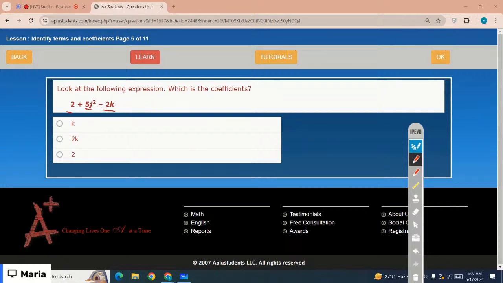And together they make the mathematical expression. You have to find the coefficient. Coefficient is the number with the variable. For example, 2 is the coefficient, right? 2 is the correct option. 2 is the coefficient.